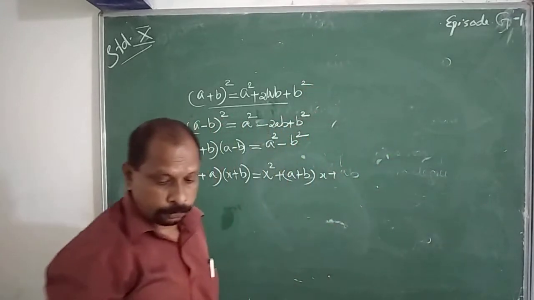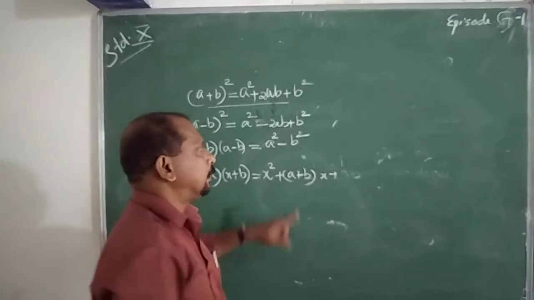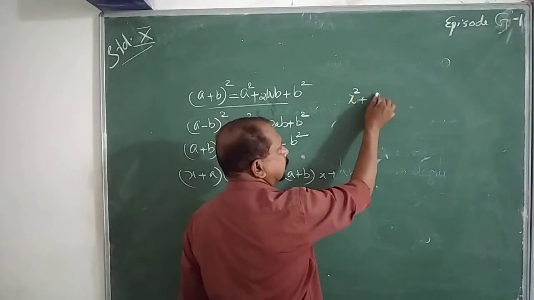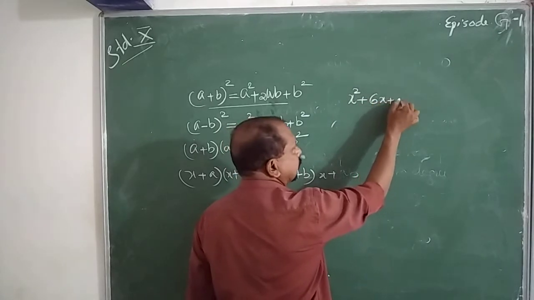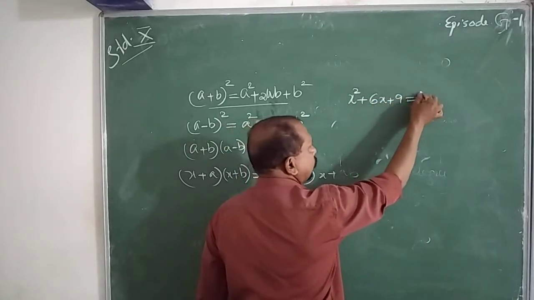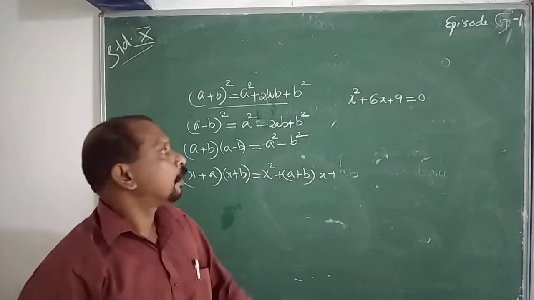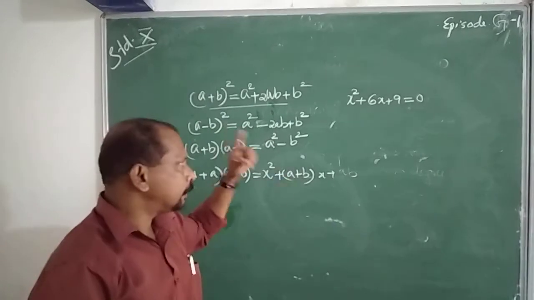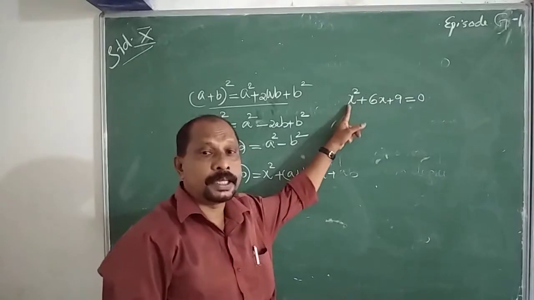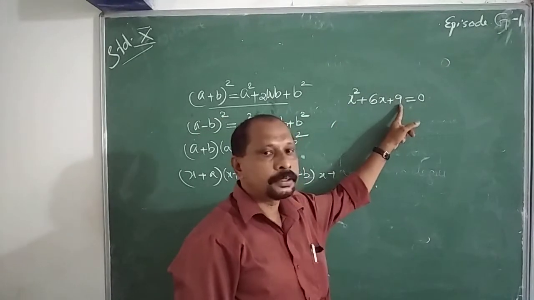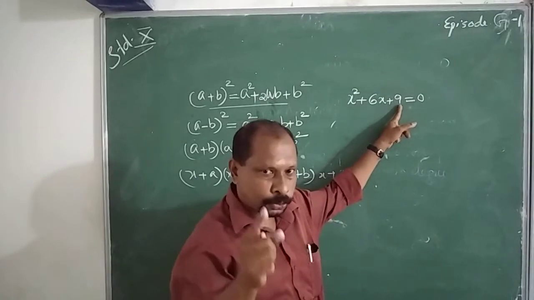For example, let us consider a quadratic equation, x square plus 6x plus 9 is equal to 0. How will you find the solution of that quadratic equation using these identities? The first term is x square, that is the square of x. The last term is 3 square, that is the square of 3.